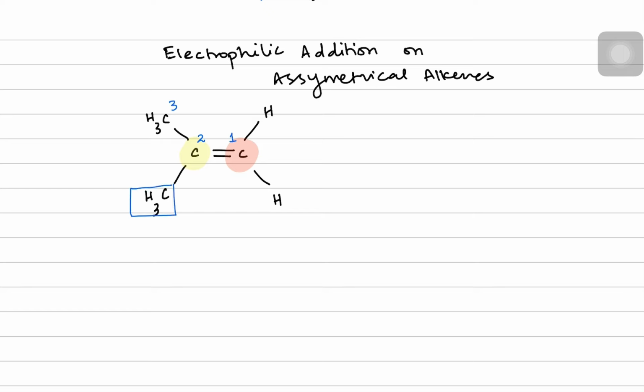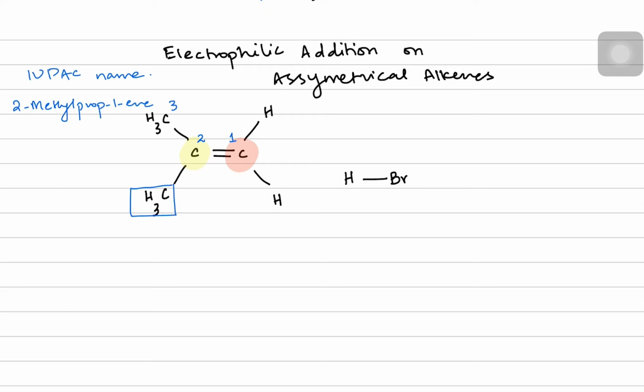So when you name it, it becomes 2-methylprop-1-ene. This is the IUPAC name of this compound. Let's begin our example using hydrogen bromide like last time.